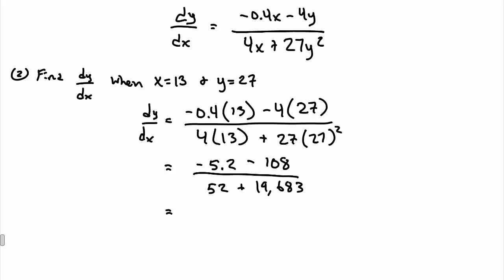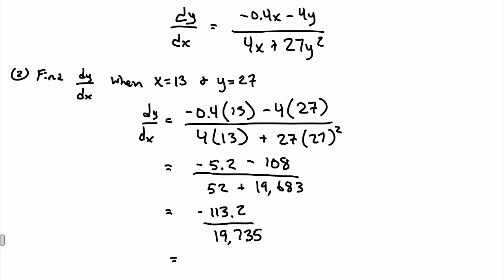So on the top, we get negative 113.2. On the bottom, 19,683 plus 52 is 19,735.